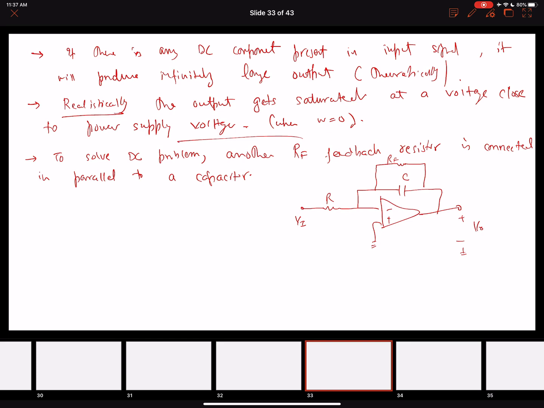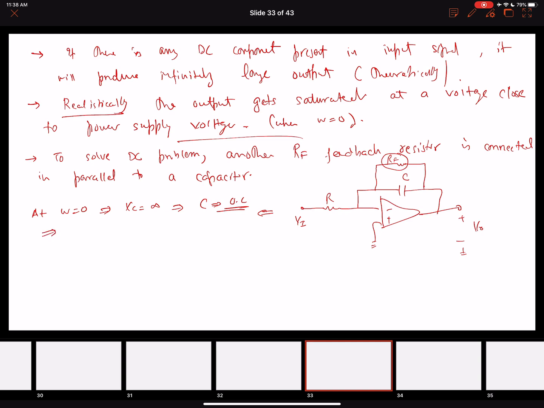Because what will happen is, at omega equals 0, our XC becomes infinite, the capacitor becomes an open circuit, right? When the capacitor becomes an open circuit, we are still going to have this feedback resistor in the feedback loop. So we are not going to get the open loop configuration, and we will not get the infinitely large gain or the saturation effect.